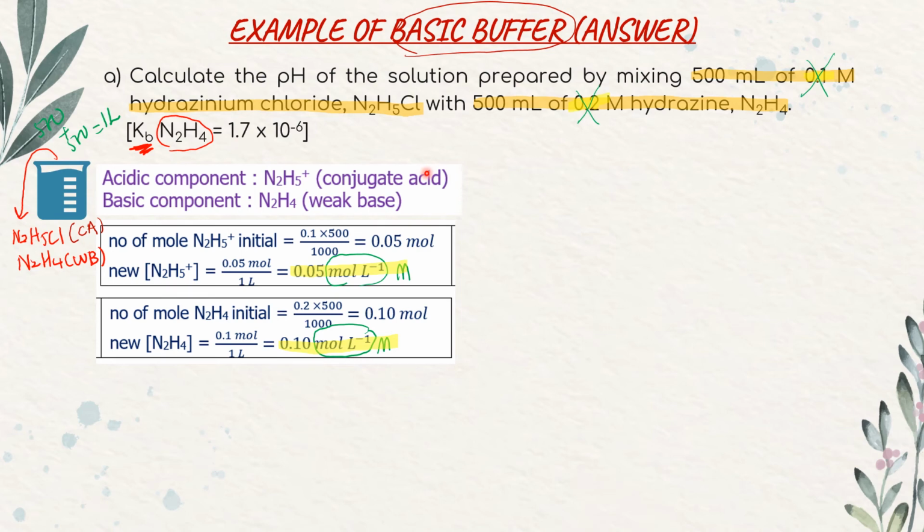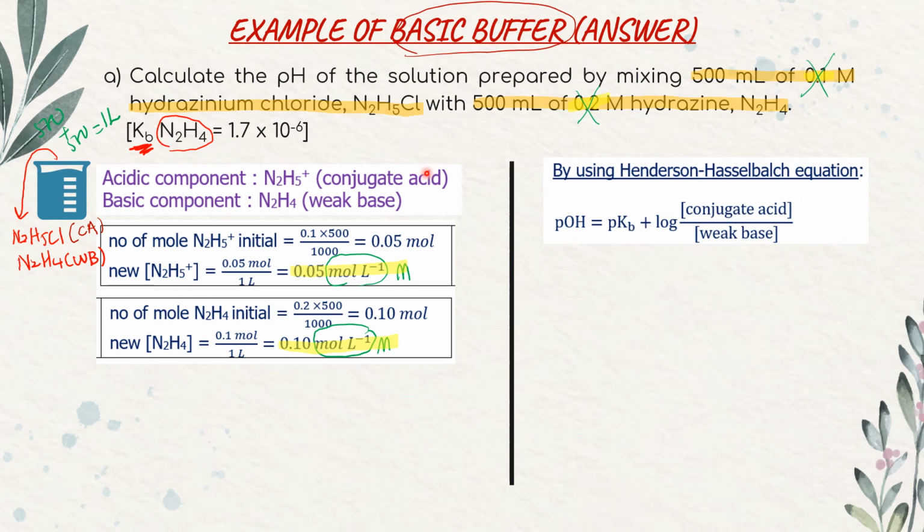Okay, so the next step, since tadi kita dah identify, we have a basic buffer solution. So, you need to choose the correct Henderson-Hasselbalch equation. So, that adalah basic buffer. So, the Henderson-Hasselbalch equation that we're going to use is the pOH equals to pKb plus log concentration of the conjugate acid over concentration of the weak base.